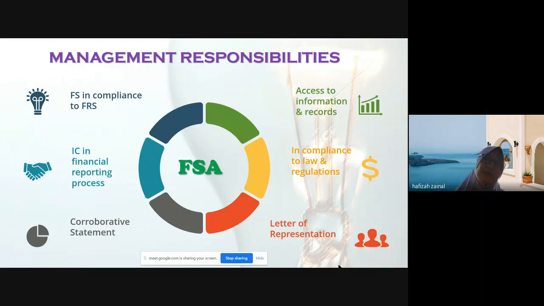So here what we must know is that management must allow us to access any information that is relevant for the financial statement. Audit clients are also responsible to ensure that every operation of the company is in compliance with the laws and regulations.